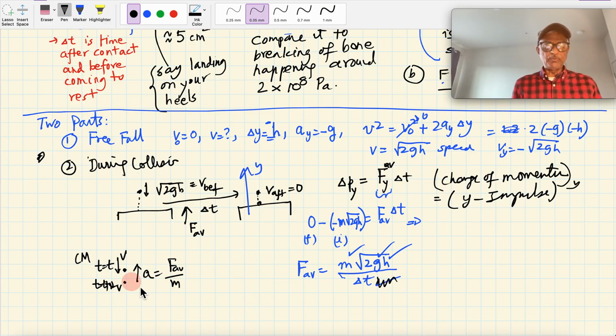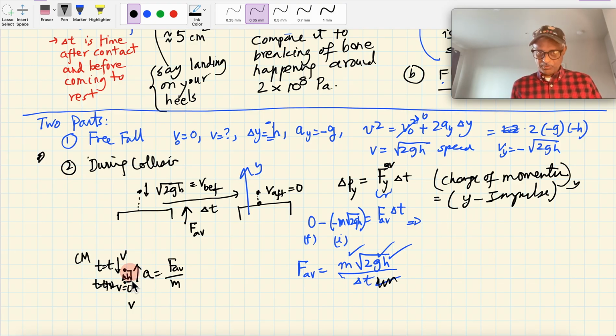If this is the vy, and this is the distance delta h, you can see that v is related to the acceleration and delta h, where it becomes 0 in the end.